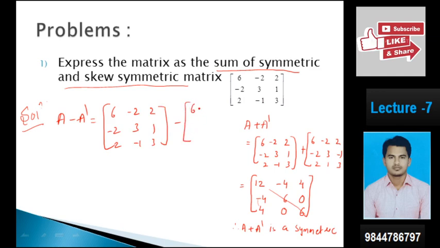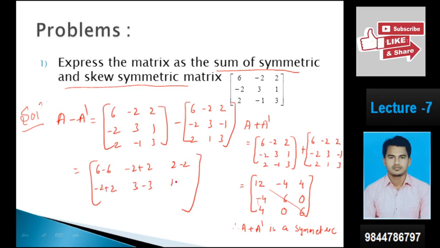A dash means 6, minus 2, 2; minus 2, 3, minus 1; 2, 1, 3. Subtract these two. What do we get? 6 minus 6, minus 2 minus of minus 2 plus 2, 2 minus 2, minus 2 plus 2, 3 minus 3, and 1 minus of minus 1 is plus 1, and 2 minus 2, 2 minus 2, minus 1 minus of minus 1, 3 minus 3.